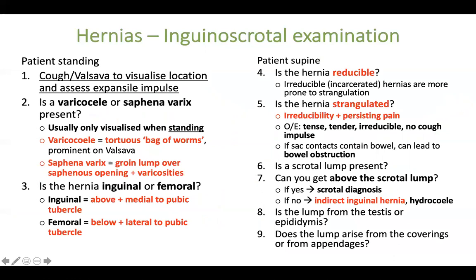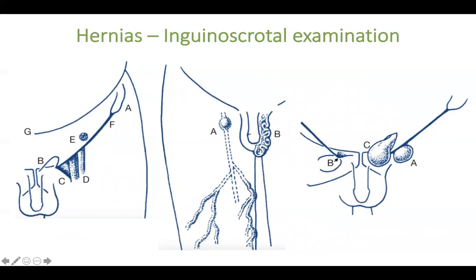And then if you say, okay, it's probably not those 2, then you want to say, okay, is it inguinal or femoral? If it's inguinal, that's your C, and your A is your femoral. This is your inguinal canal from B to E, and the hernias will come out through there. And then C is your femoral canal.